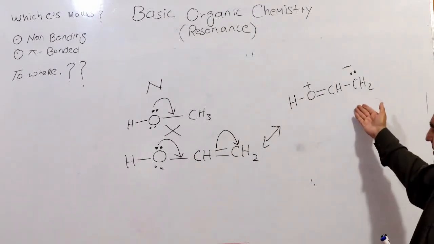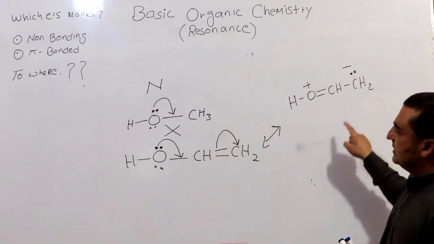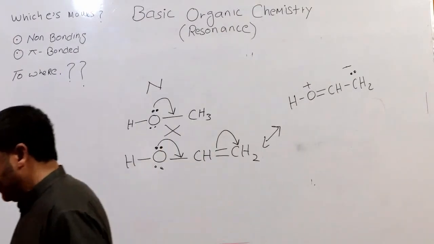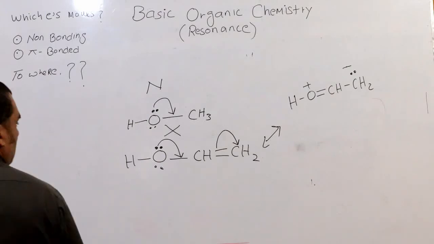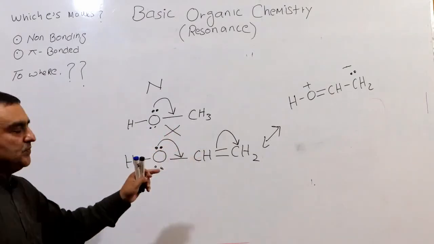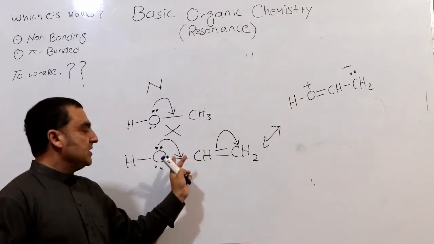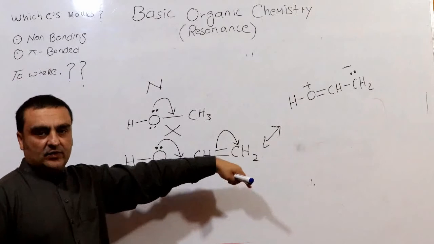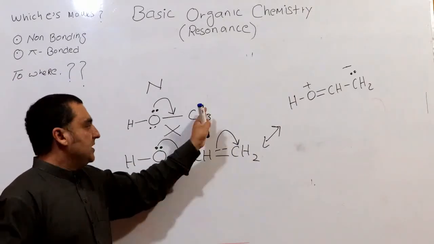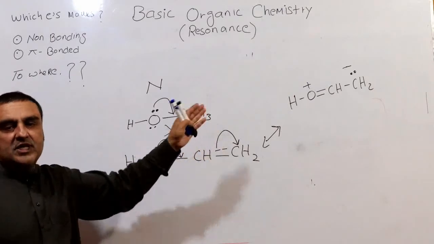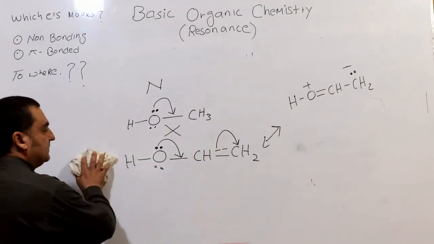It could have happened. This is correct. This thing is wrong because it is an sp3 carbon, or saturated carbon. It cannot move. And here when the electrons shift, there are some electrons which can move away, the loose electrons, the pi electrons. Here they are strong electrons, sigma bonding, CH sigma bond, so they don't move.